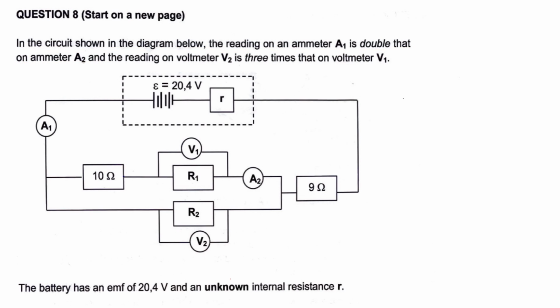So meaning in this circuit, the current comes in this direction. It's the total current. So the current in A1 is double the current in A2. A1 reads the total current, and then there's a split of the current. Another current goes this way, and that split goes there.